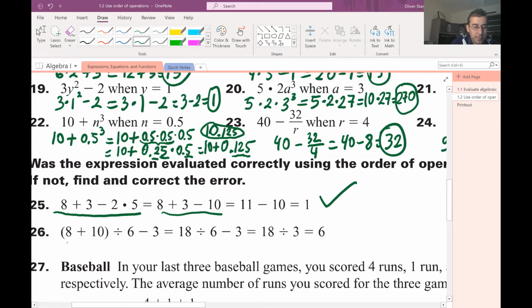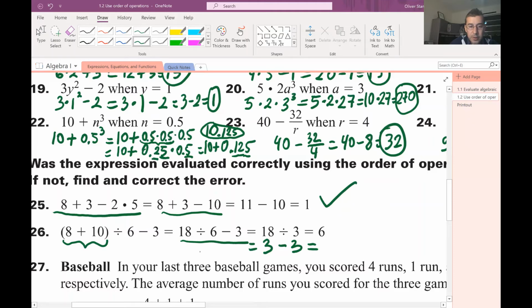Okay. Next one, we have grouping parentheses. So this should be done first. So this is 18. So this is correct. 18 divided by 6 minus 3. And then we have division and subtraction. So division should be done first. So 18 divided by 6 is 3. Oops. So this is incorrect, right? So this should have been 3 minus 3, right?